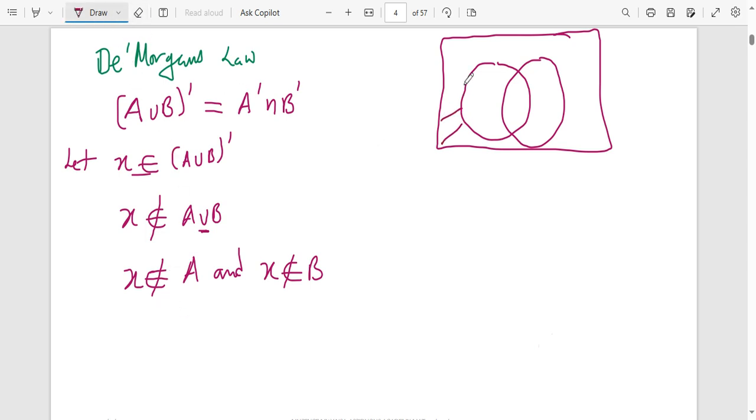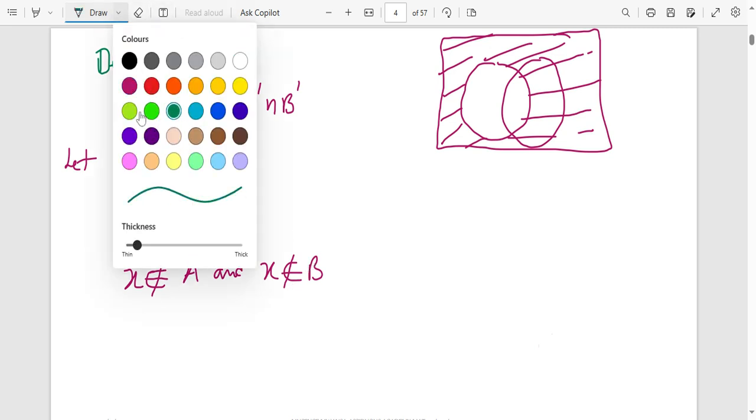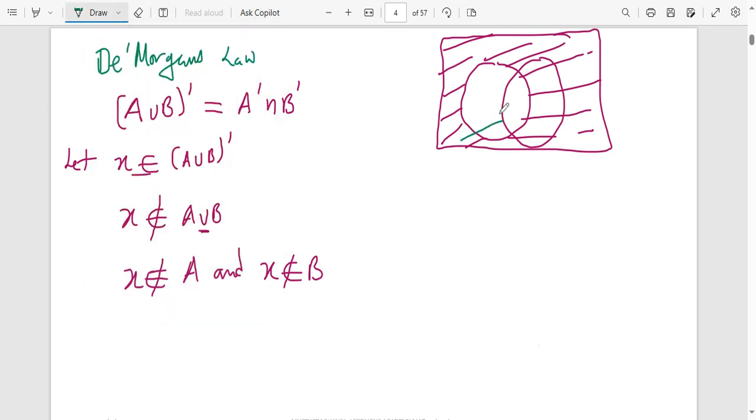So A complement is going to be the entire of this set, everything outside the set A. And then X is not a member of B means we are talking about everything outside the set B. So that is what we are going to shade. What I've shaded there is everything outside the set B.